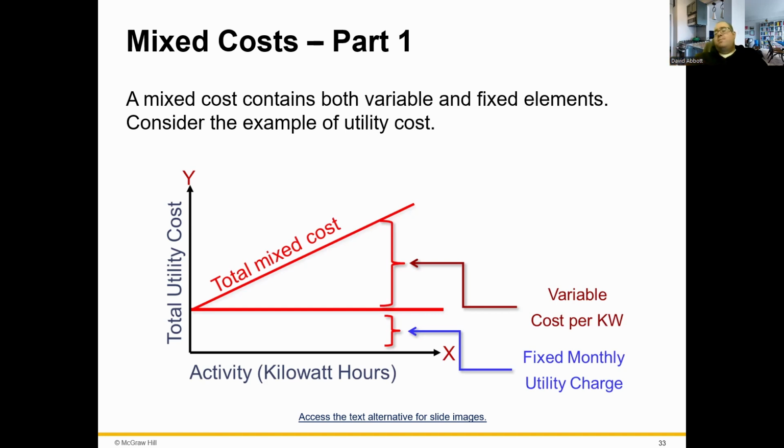So one month the total bill might be $68. The next month it might be 70, it might be 72, 73. It might vary a little bit based upon how much water I'm using. So that would be a mixed cost, one that has a fixed component and one that has a variable component.